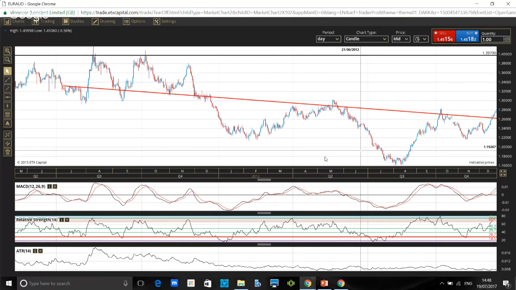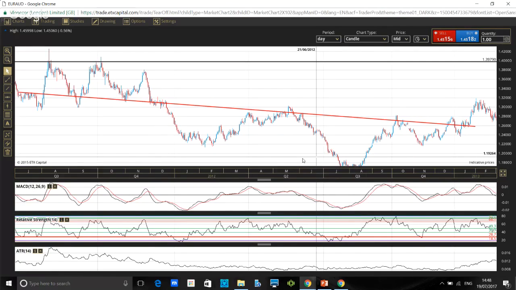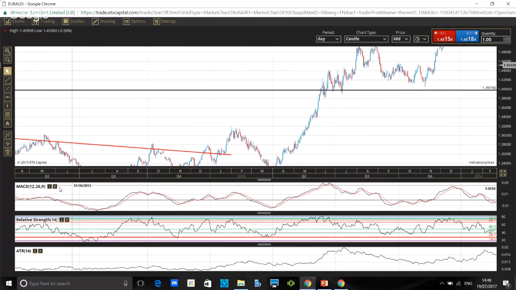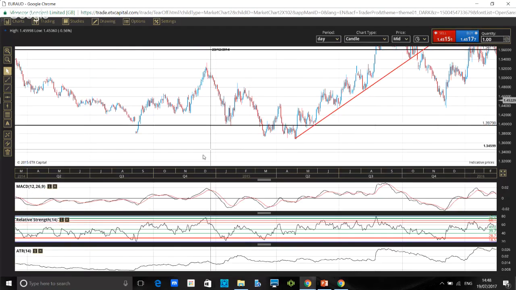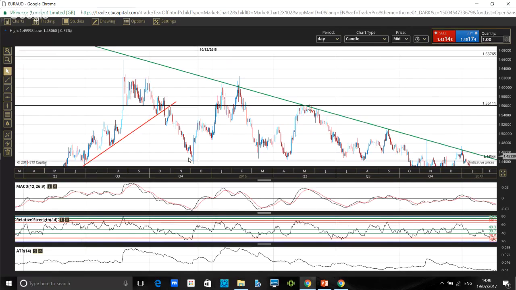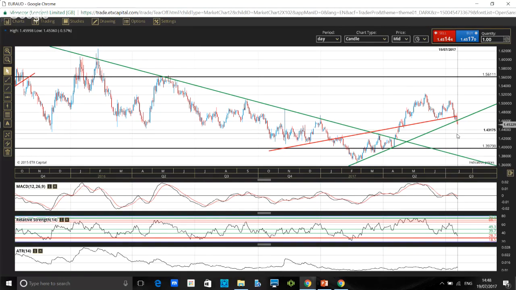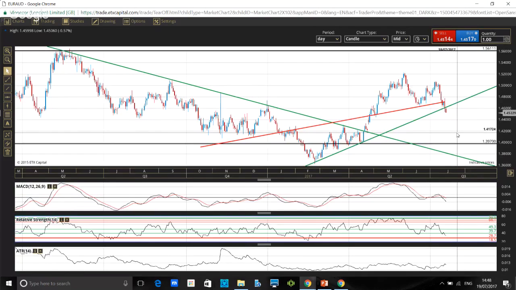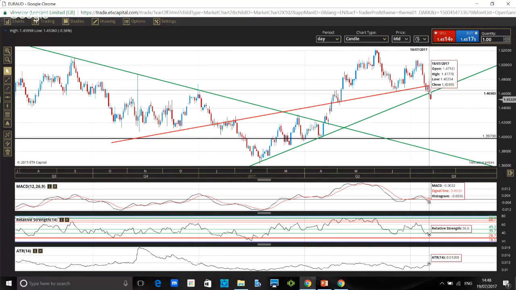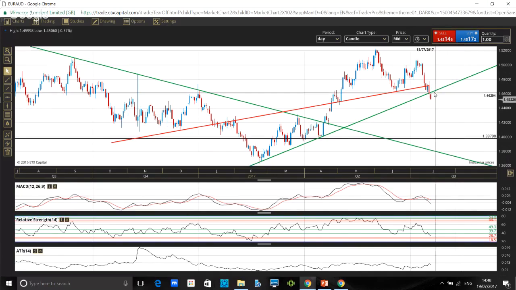With that in mind, we can see that current RSI levels in the price of the Euro Australian dollar are showing us that yes, there was a spike at this point.